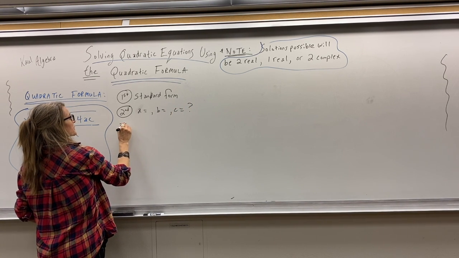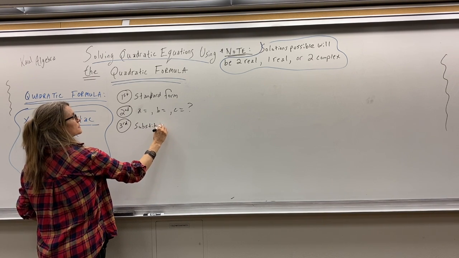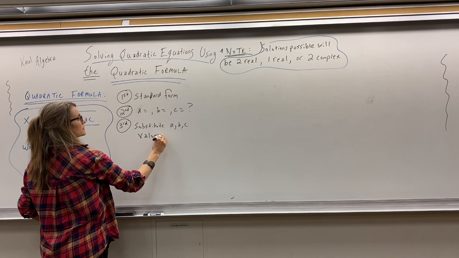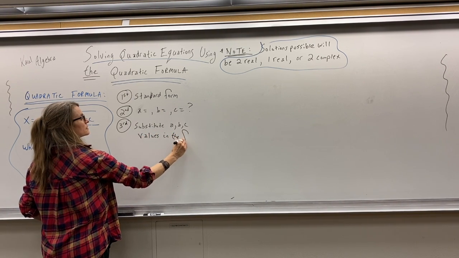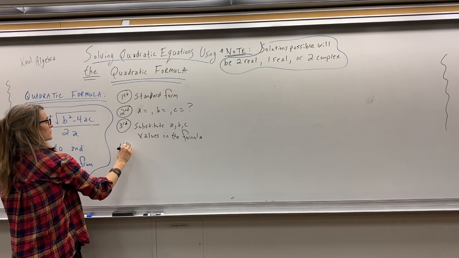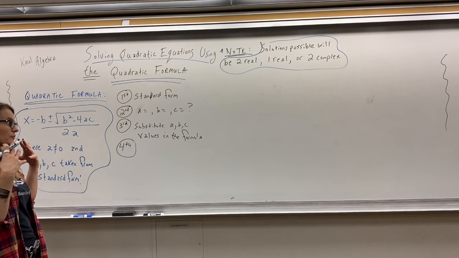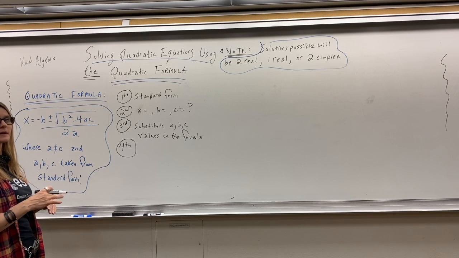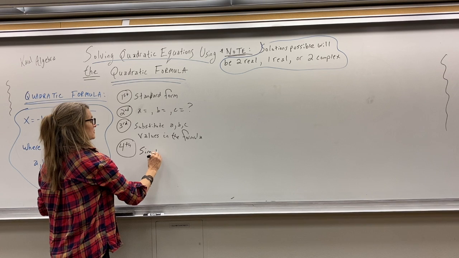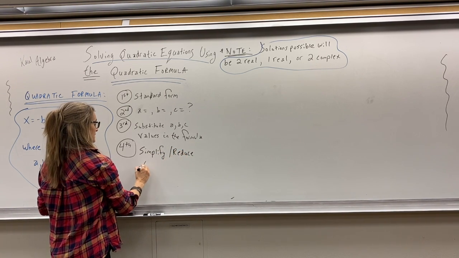And then third, you substitute the a, b, and c values in the formula. And then fourth, and this is really the tedious step, make sure you substitute correctly and then that you simplify. Reduce to get solutions.